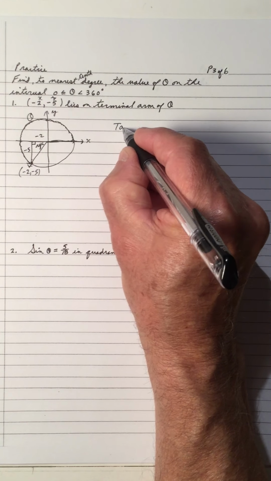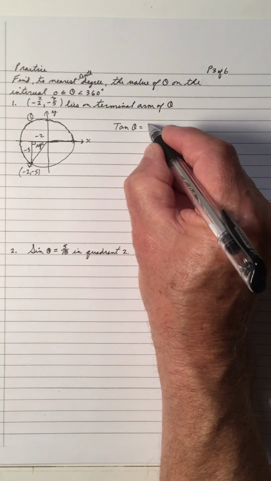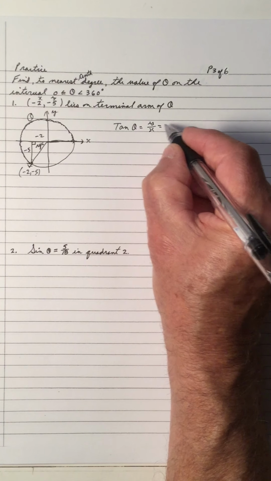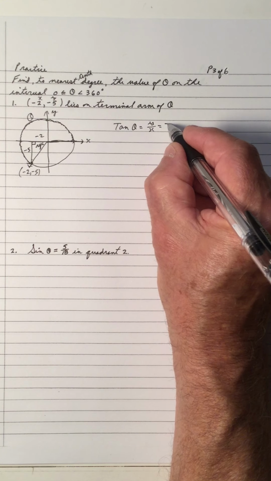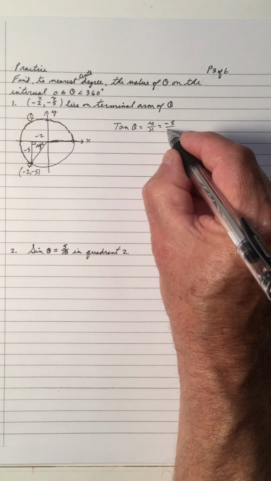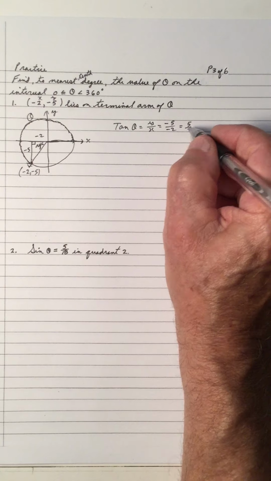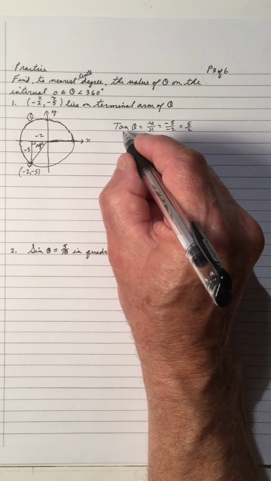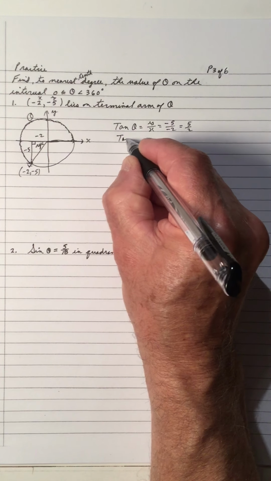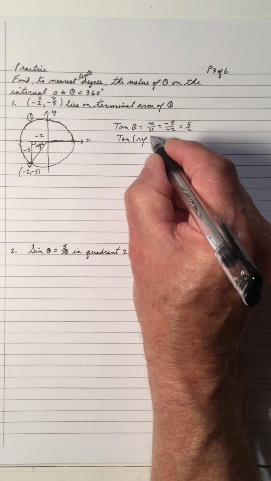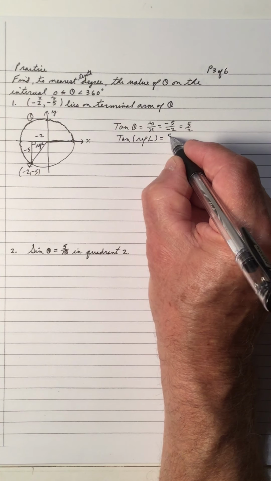Because we have x and y, I'm going to use tan. So the tan of theta is the y over the x. The y is -5, x is -2, so that's 5/2. Already positive, that's good. The tan of the reference angle is positive.